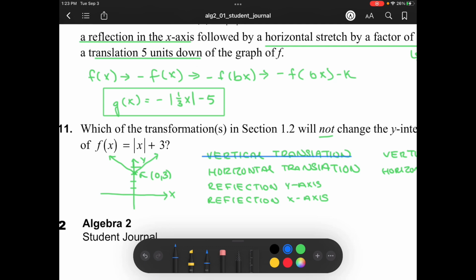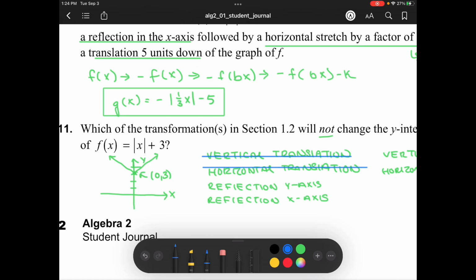Okay, a horizontal translation would also change it because that means that we move this way, and if we move that way, this point would end up becoming the y-intercept. So that wouldn't work either. Even if I move towards the left, I would have some point that's not (0, 3) on the original graph become the new y-intercept. So that one would also not work.